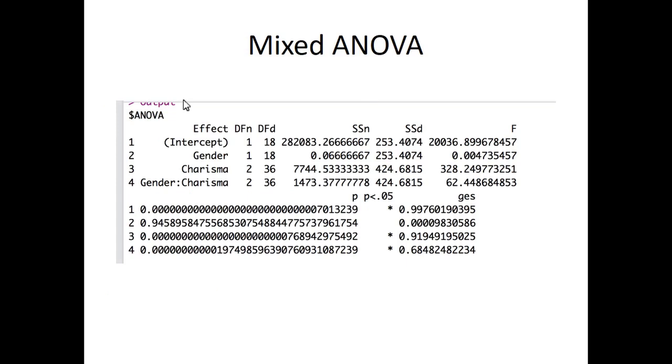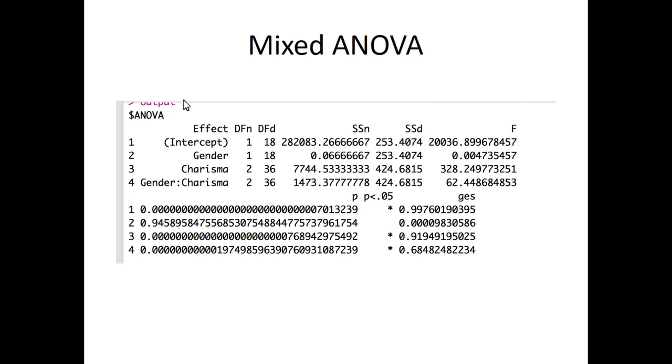The intercept line we're still going to ignore. You don't want to look at that. Gender is not significant. So men and women overall are rating their dates about the same, which is good. Okay, so there's no overall differences in gender.